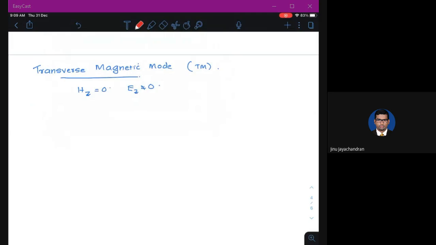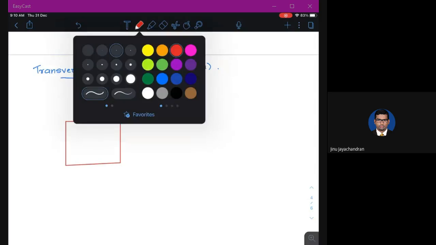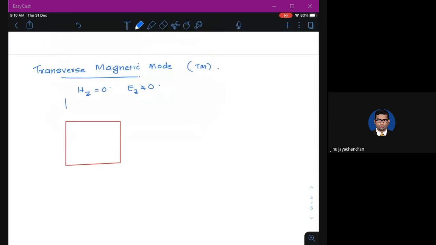Now, our waveguide is something like this. Okay, so you have an axis here.